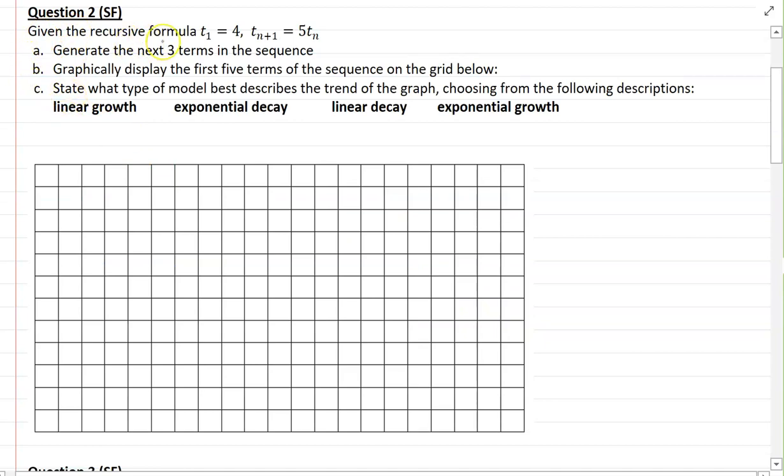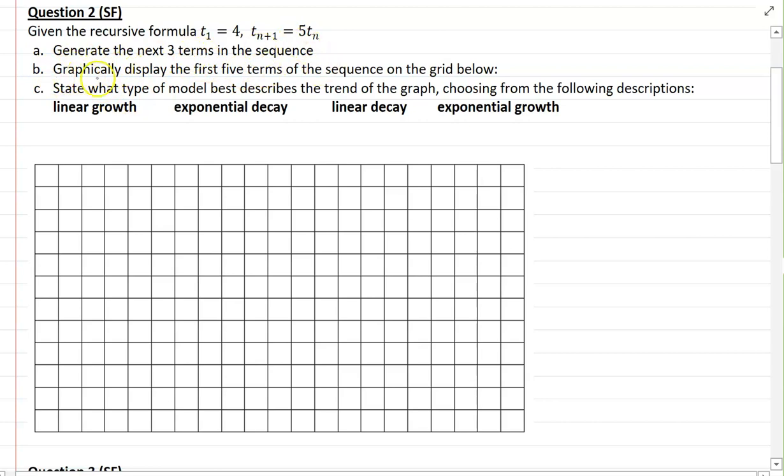Here we're given a recursive formula where our first term is 4 and the recursion itself, Tn+1, is 5 times Tn. So you should be able to identify there that 5 is your common ratio. Your job is to generate the next 3 terms in the sequence.